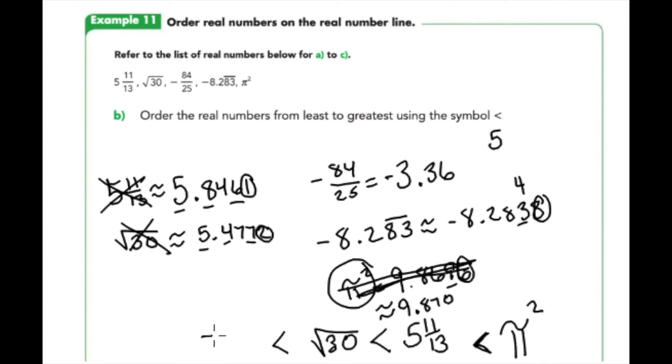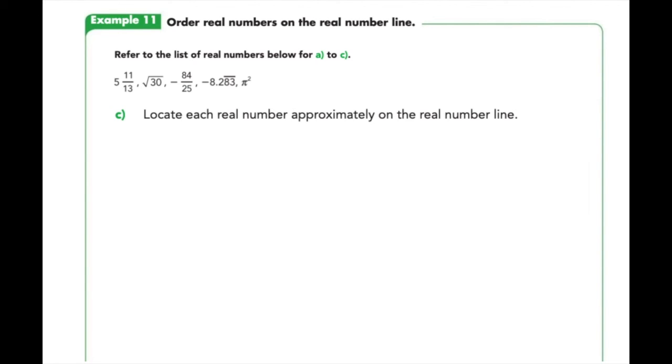So we would put a negative 84/25, and then in the front here on the left, our smallest is a negative 8.283 repeating. That's going to bring us to the third part, which is locating the real numbers on the number line.